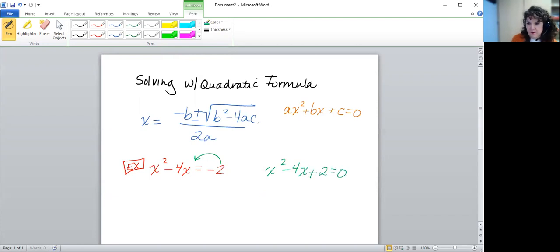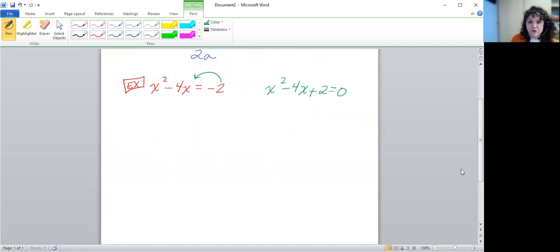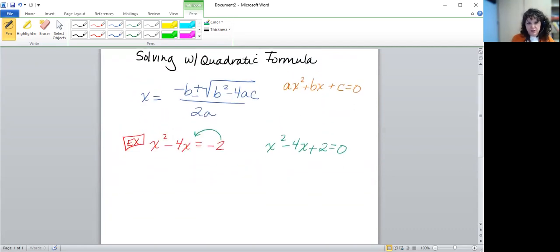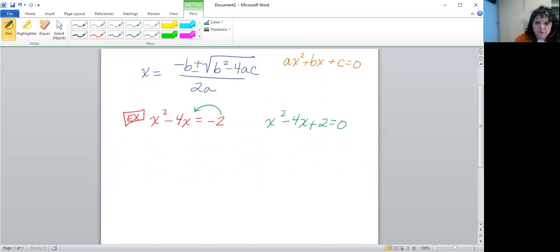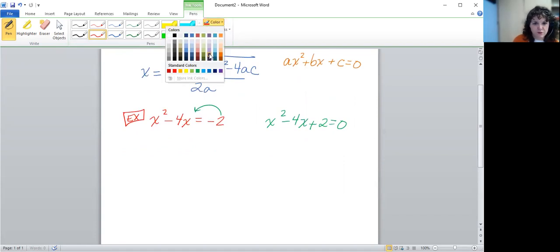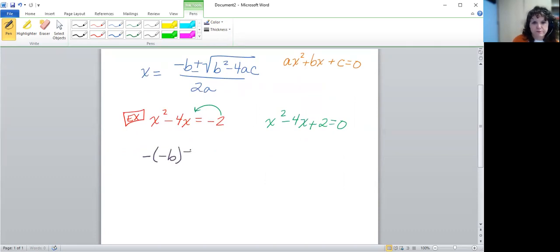Now it's in standard form, and I can start plugging into the quadratic formula. The quadratic formula is negative b. My b is already negative, but just to make sure everybody understands exactly what I'm doing, I'm going to plug it in as negative, oops, negative 4, sorry.